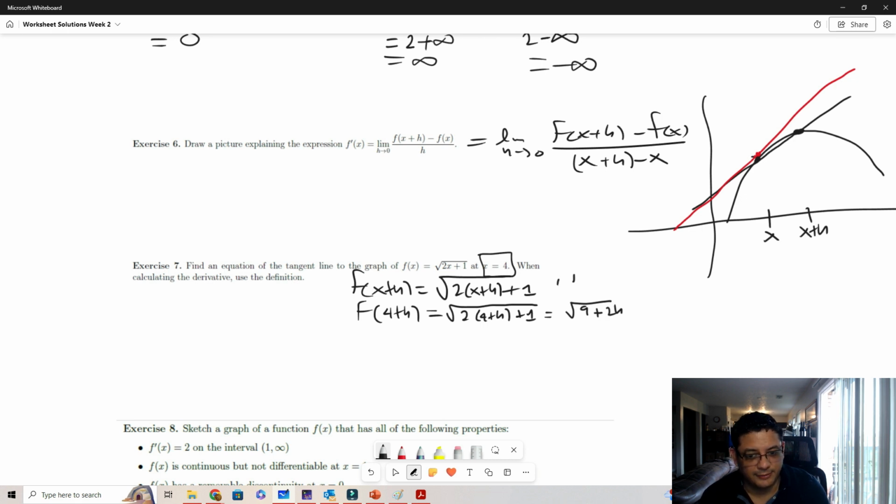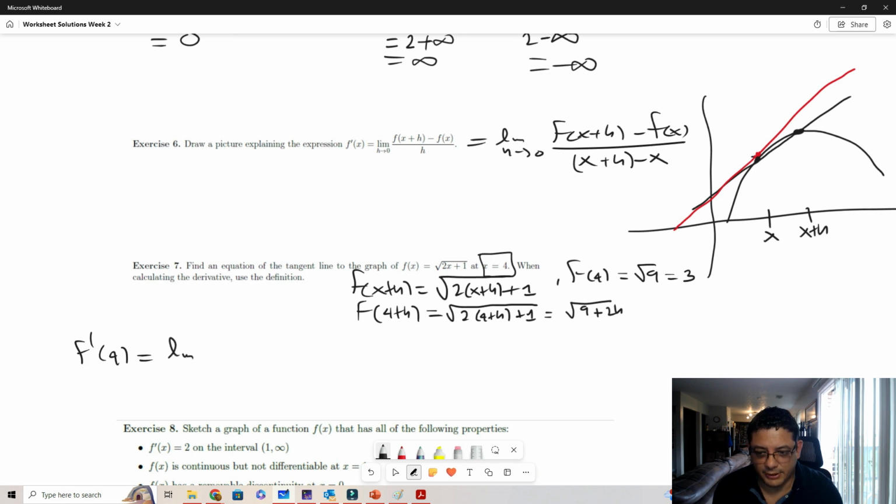Now remember what is also f of 4. F of 4 is plug 4 here. 2 times 4 is 8 plus 1 is 9. So this is the square root of 9. This is 3. And so if I'm going to make the derivative, I want to find out f prime of 4 really. That's what they're asking here.